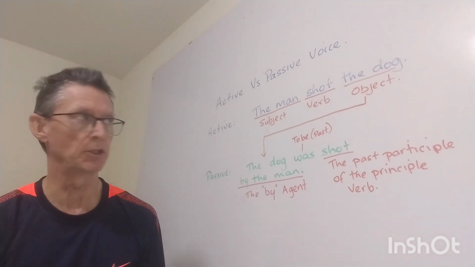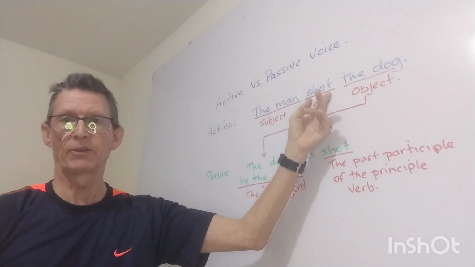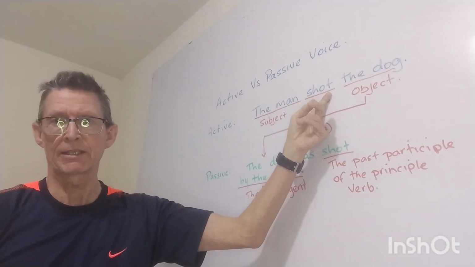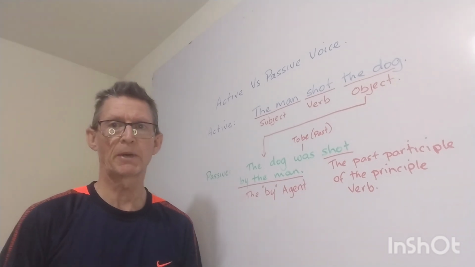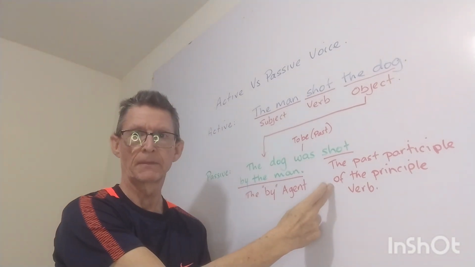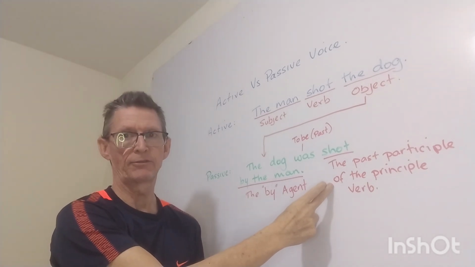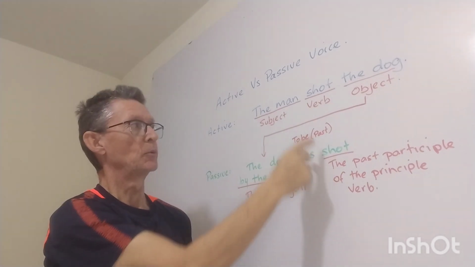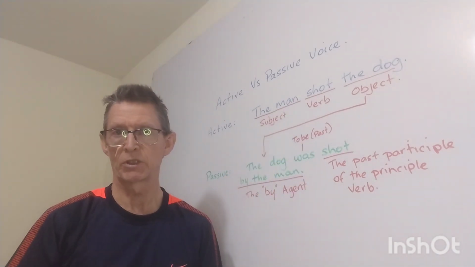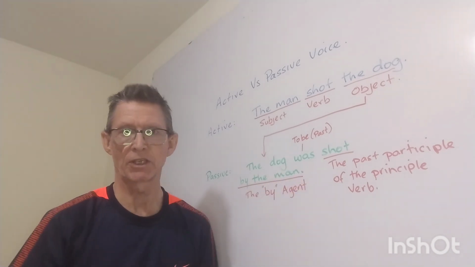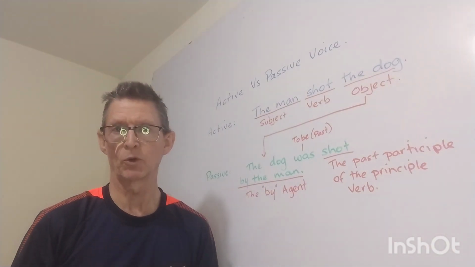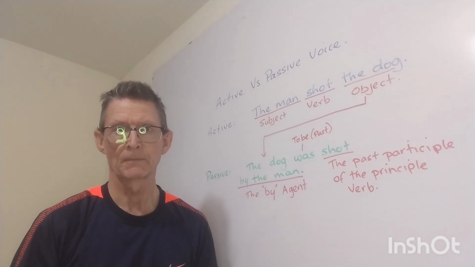The third thing we need to do is take a look at the verb in the active phrase and change it to the past participle form in the passive phrase. In this case, we have the verb shot, which is an irregular verb, and it doesn't change in its past participle form, so it's still shot.